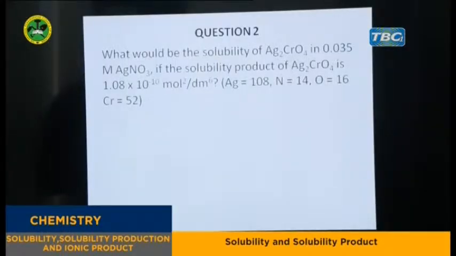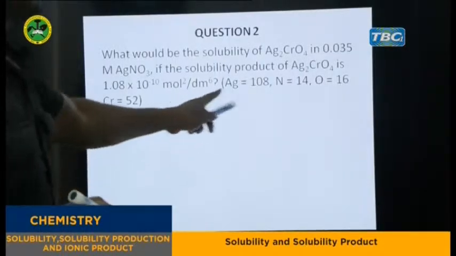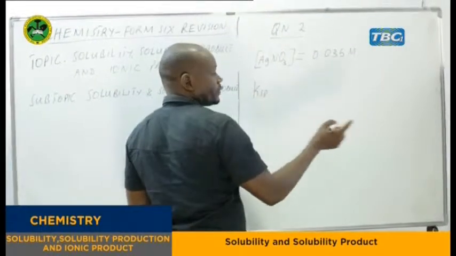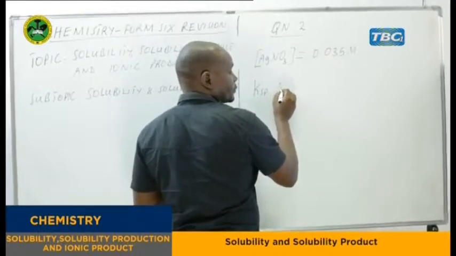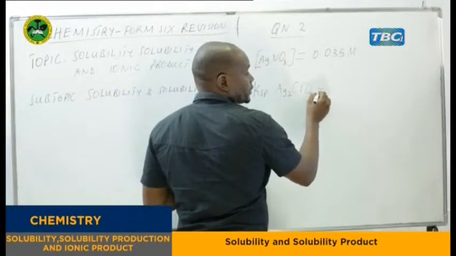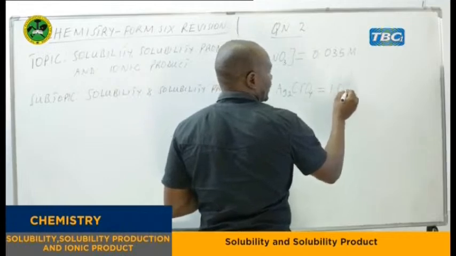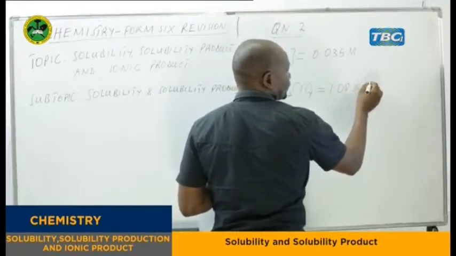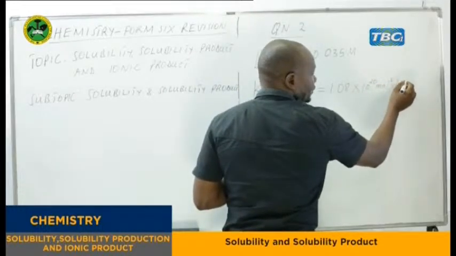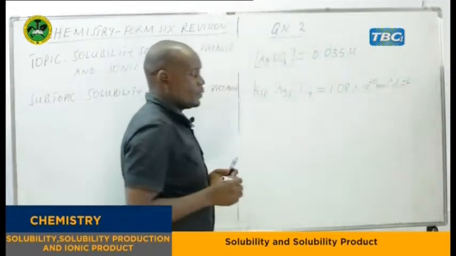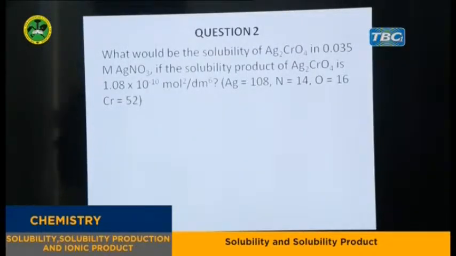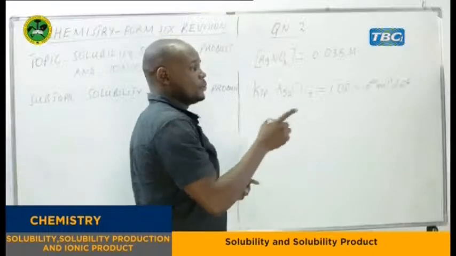And we have also been given the solubility product, the Ksp of silver chromate, which is equal to 1.08 times 10 power negative 10 moles cubed per decimeter cubed to the power negative 9. So that is the data we have, and you also have the relative atomic masses of these elements. Now we are asked what will be the solubility.